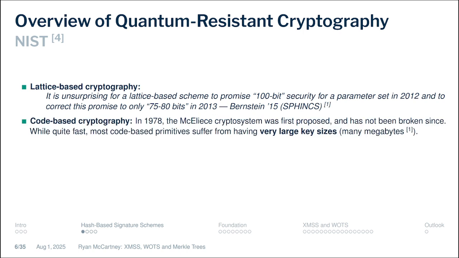Another approach would be code-based cryptography, published in 1978. It's called the McEliece cryptosystem, and many successors have been made, but many of them have also been broken. The large problem with this cryptosystem is that the signature and key sizes are very large, a couple of megabytes.